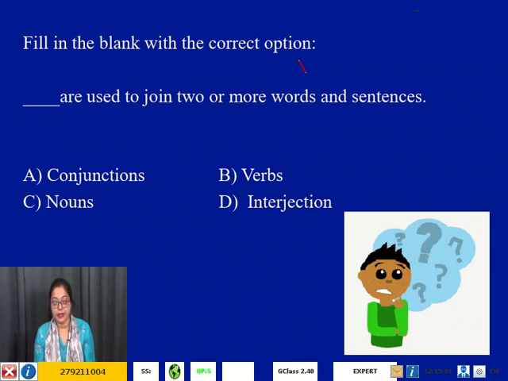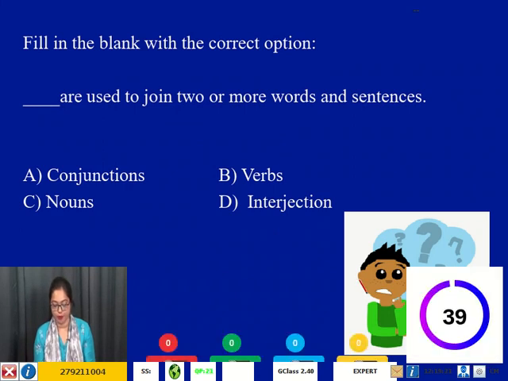For answering this question, I will give you 40 seconds, and within these 40 seconds you are to find the correct answer. Okay? And your time starts now. So all of you, please answer the question correctly.